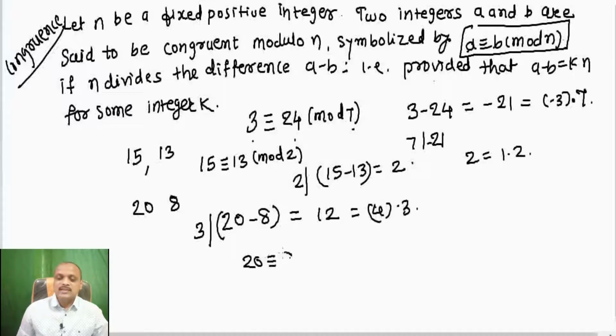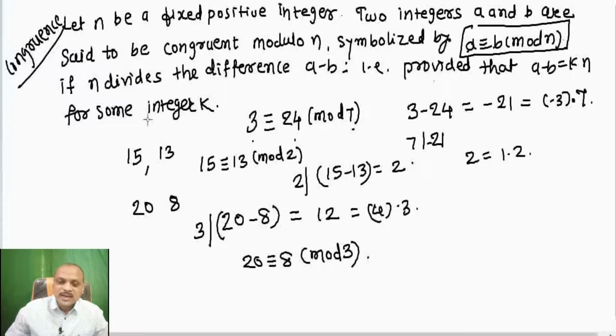This means that 20 is congruent to 8 modulo 3. So in this way we have the definition: for any two integers a and b, if the difference is divisible by n, then a is called congruent to b modulo n.